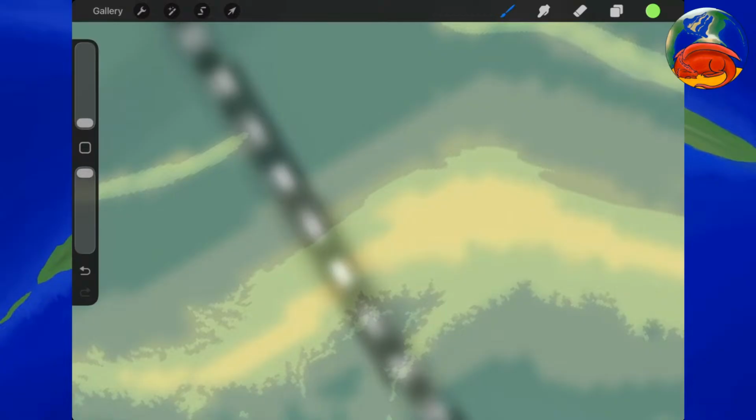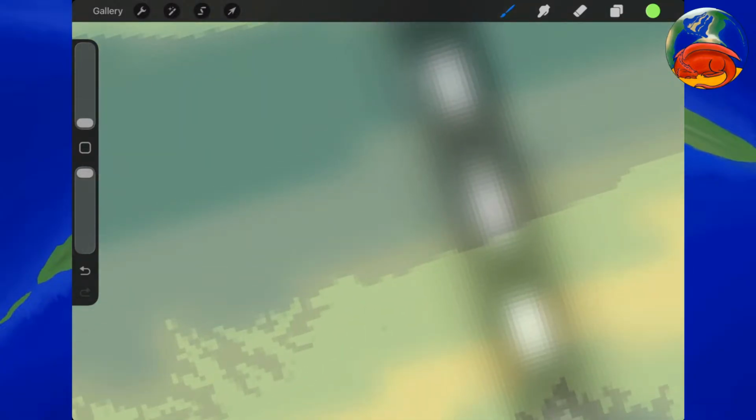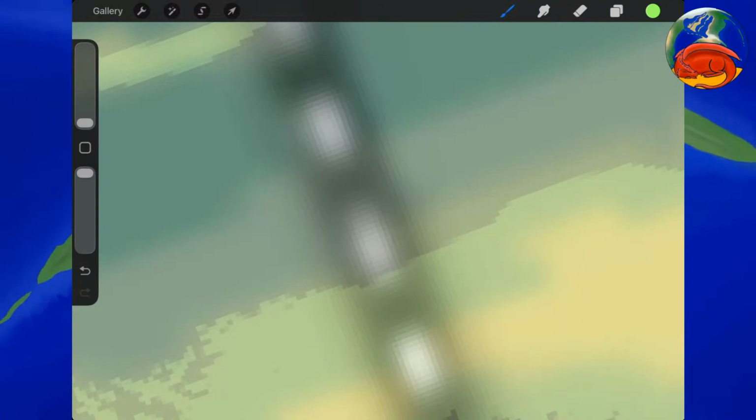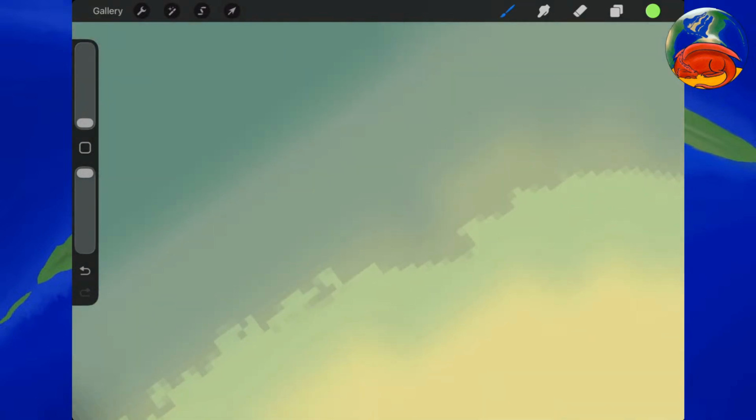Then once we're done with this one, we will work on the area around it, more or less.